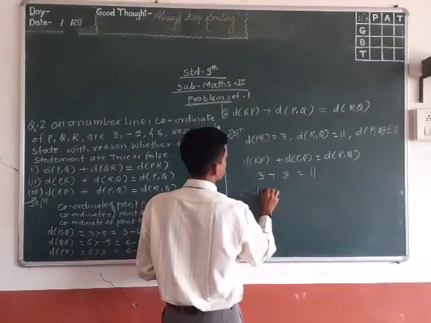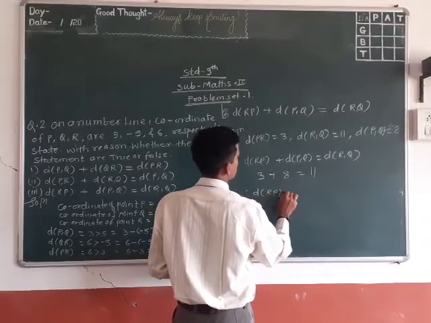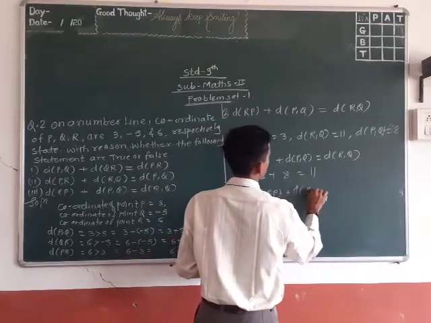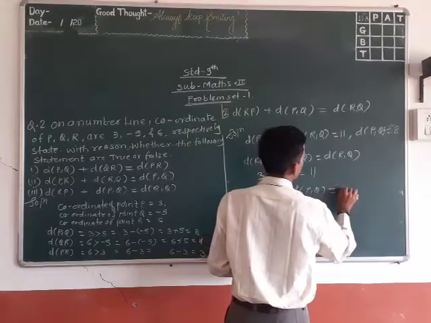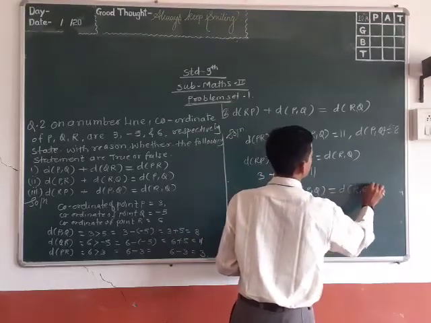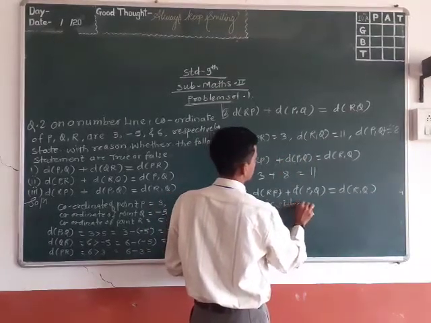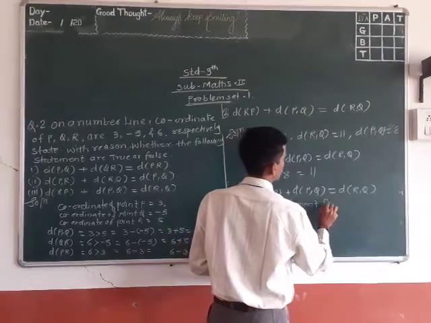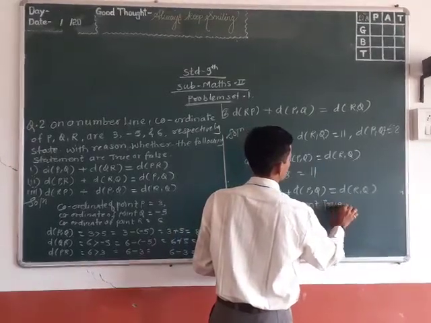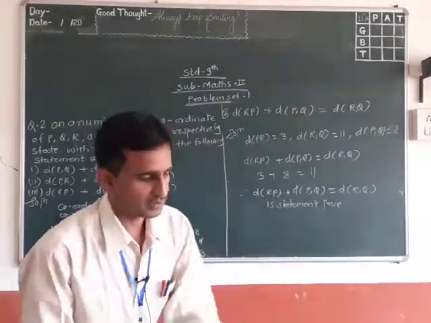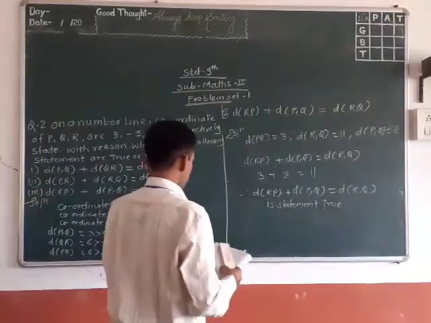Therefore distance RP plus distance PQ is equal to distance RQ. The statement is true.